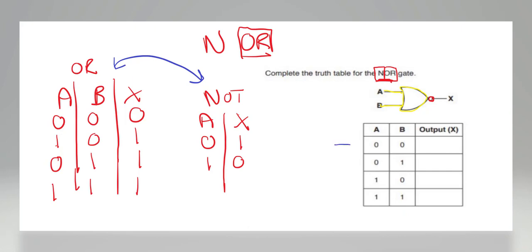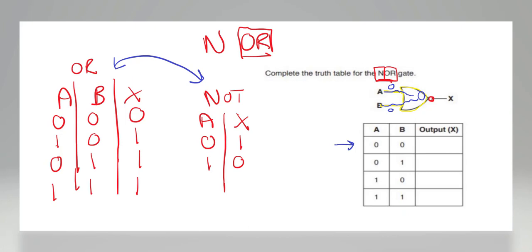Let's do this truth table. Let's do this first one. If A is 0 and B is 0, on an OR gate, 0 or 0 will equal 0. So we go through Z, so it should give you a 0. However, we then get to a NOT part.